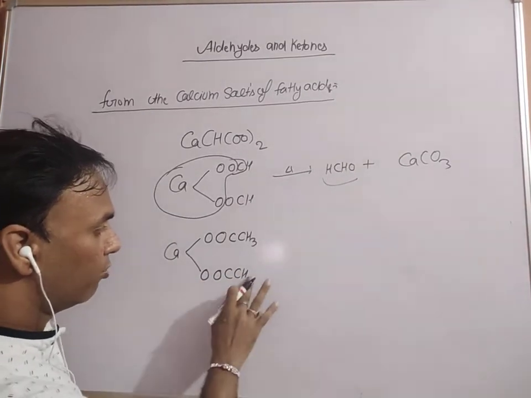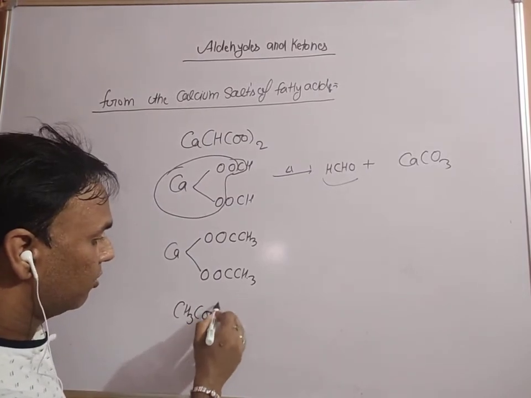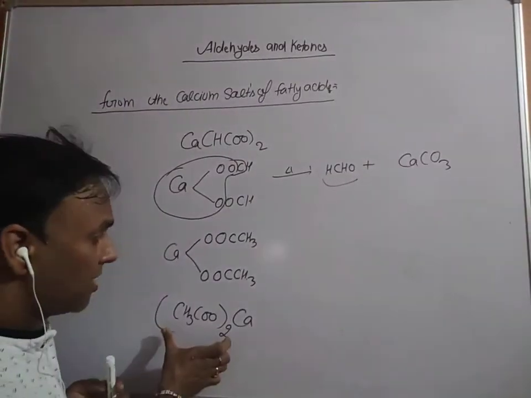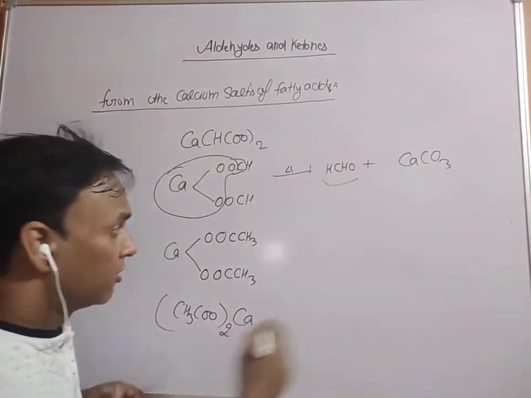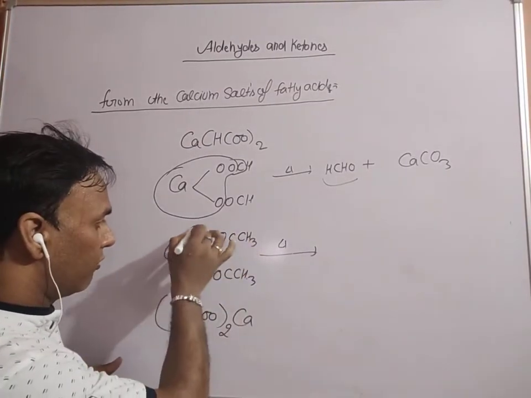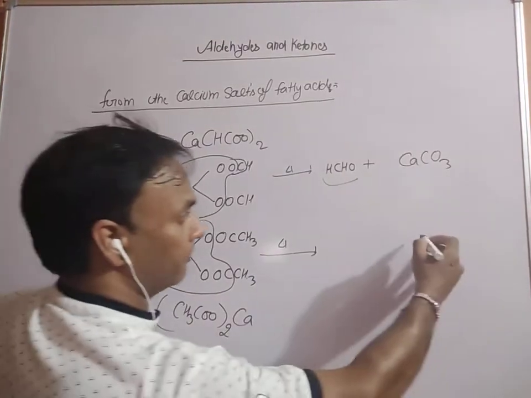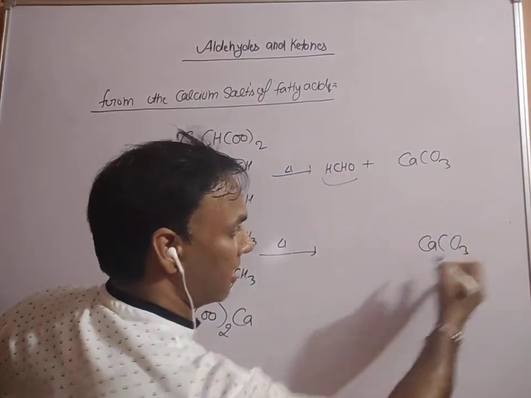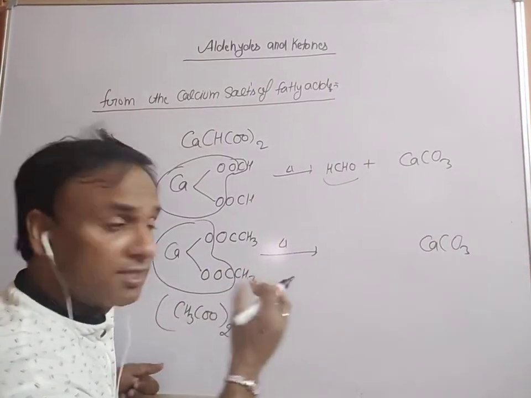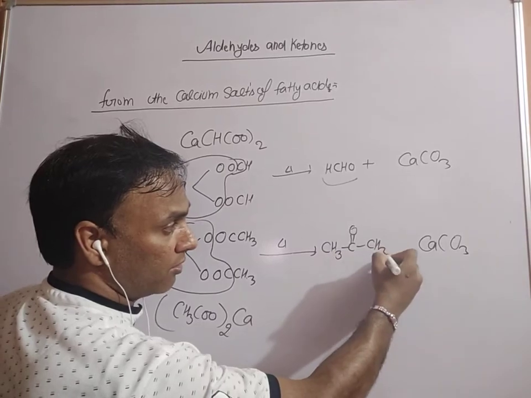The formula of calcium acetate is (CH3COO)2Ca. When this compound is heated or distilled, then 1 mole of calcium carbonate is removed, clear? Then it forms CH3COCH3, acetone.